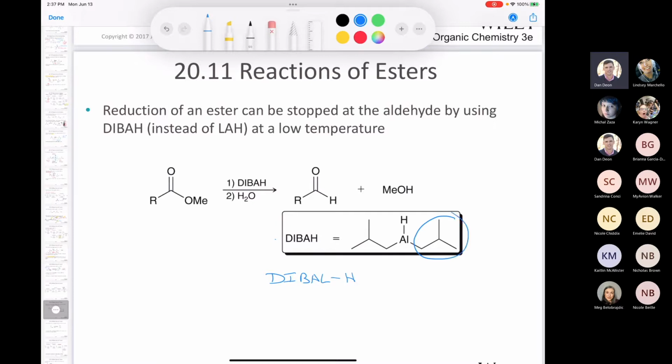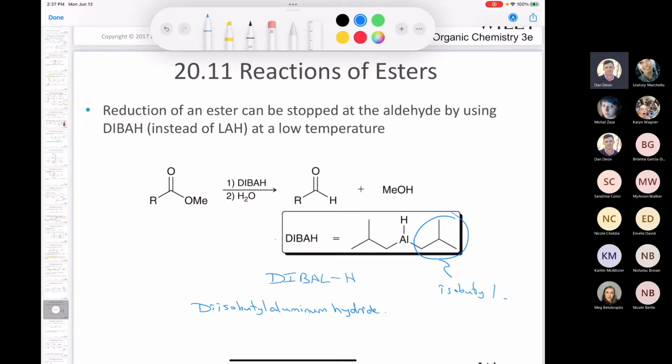This is an isobutyl group here. So what that stands for is diisobutylaluminum hydride. And DIBAL, as I call it, is nothing more than a more selective way of reducing an ester.